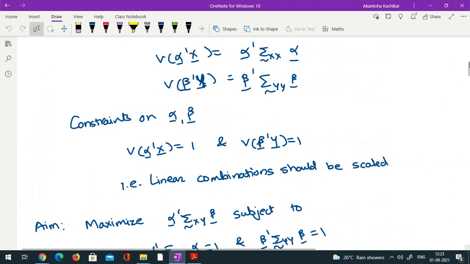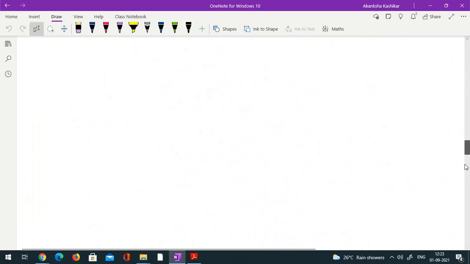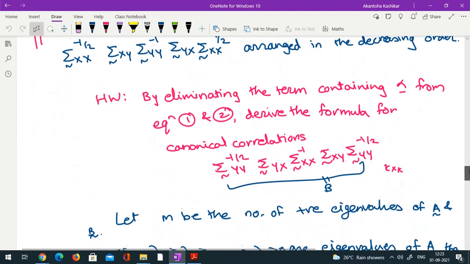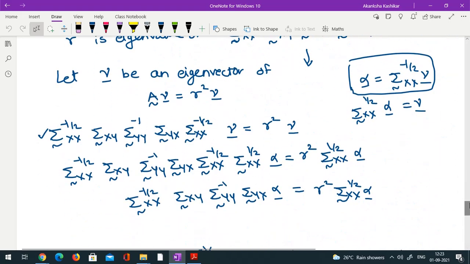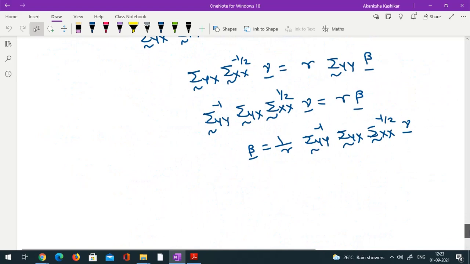Let me go back to what we had. Okay, so alpha is this, sigma xx raised to minus half nu. Correct. And did we derive beta also? Yes. Beta is this. So beta also has nu. So let me copy these formulae.